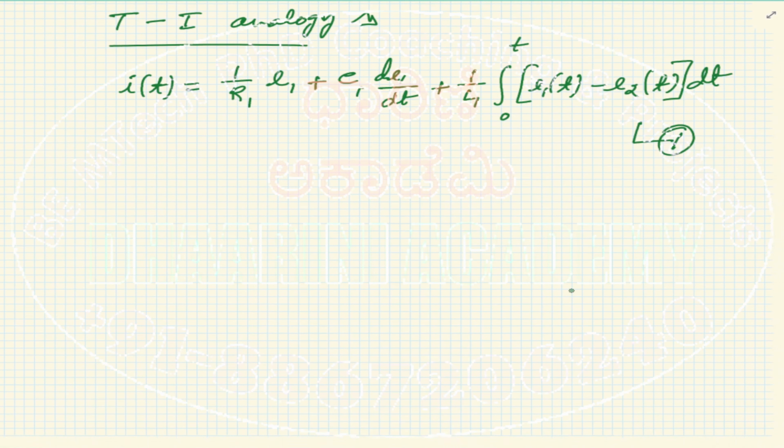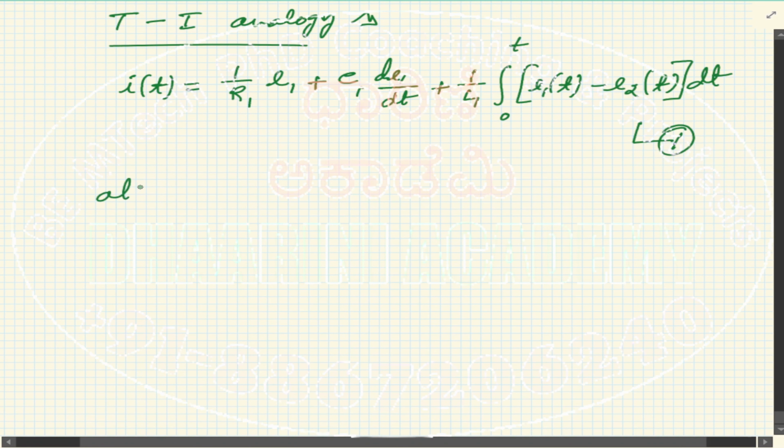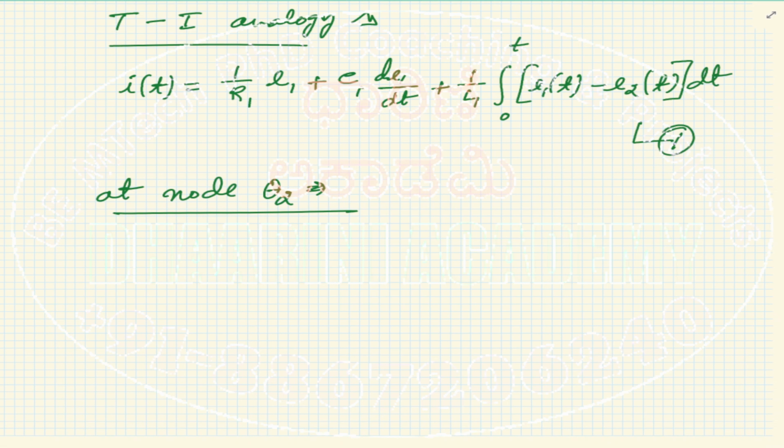Equivalently, now at node theta 2, let's try to write the equation first. We can see that J2, B2, K2 are connected and K1 is between theta 2 and theta 1.